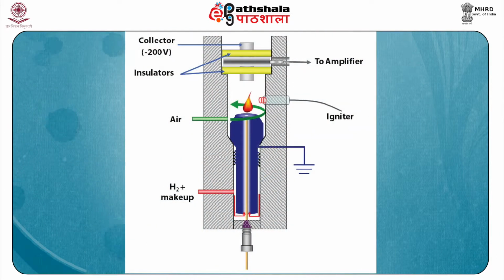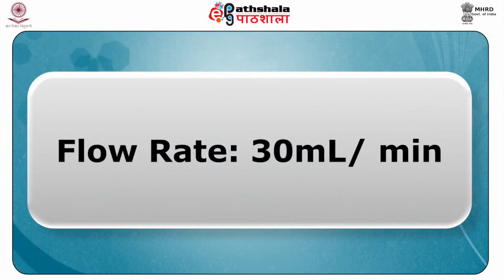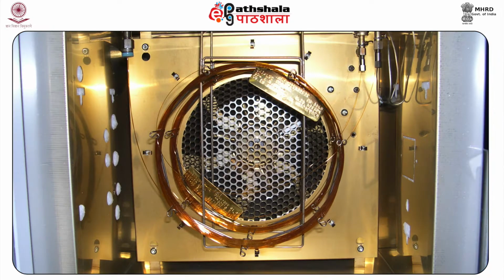The detector used is a flame ionization detector, which is abbreviated as FID. The carrier gas used is either nitrogen or helium. The flow rate which is kept is 30 milliliters per minute, and the oven temperature is programmed, and this again is variant for different materials that you are using.